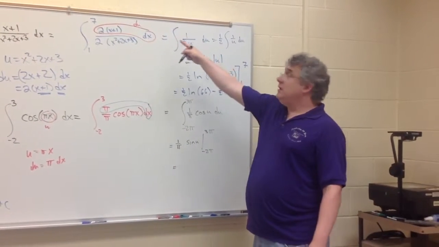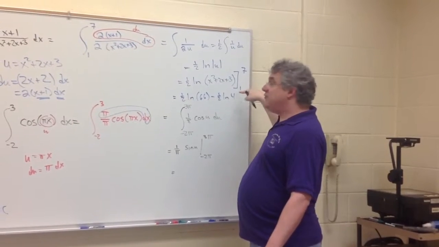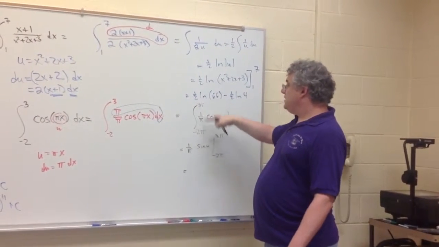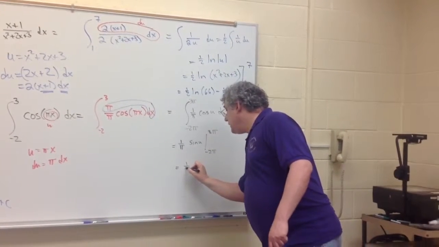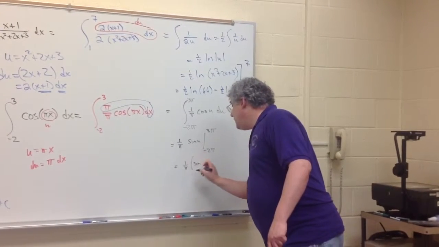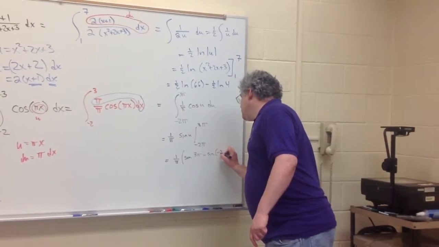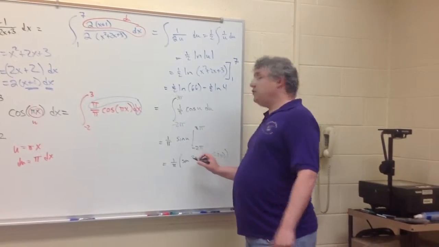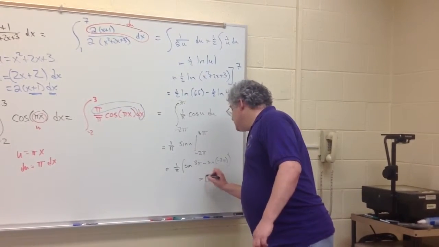On the top way, once you did this, we went back to x's to keep the x numbers. But if we're going to substitute in the new u's, we don't have to do that. The x's are gone. 1 over pi sine of 3 pi minus the sine of minus 2 pi. And if you remember your trigonometry, you know that that's 0, that's 0. This is 0.